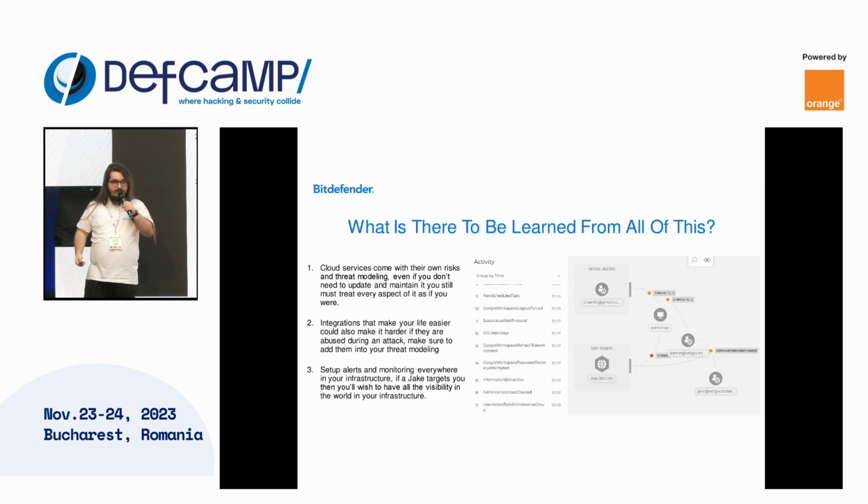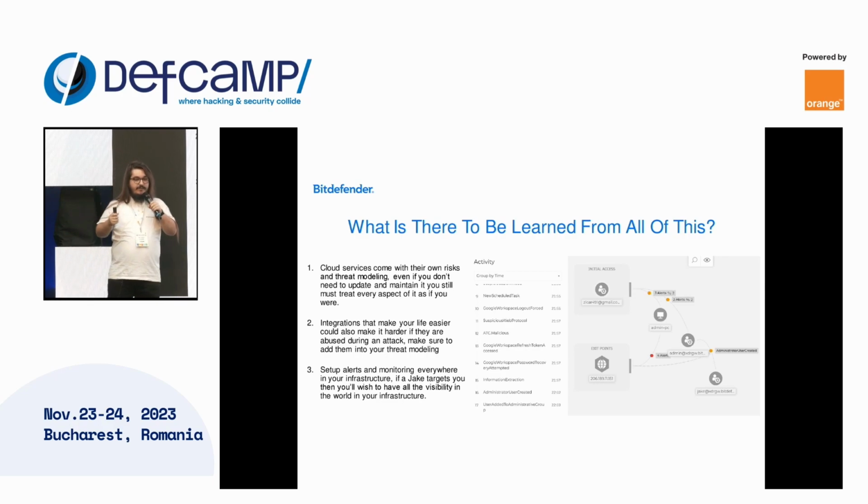Okay, let's see what there is to be learned from all of this. Essentially, don't treat cloud services as being inherently secure. Think of it as an Active Directory that you don't need to patch, but you still need to define reasonable access permissions for everyone.